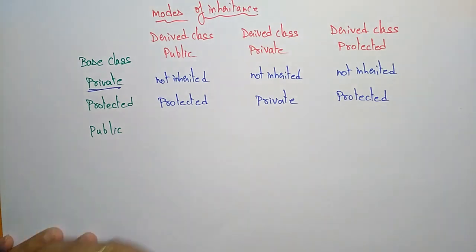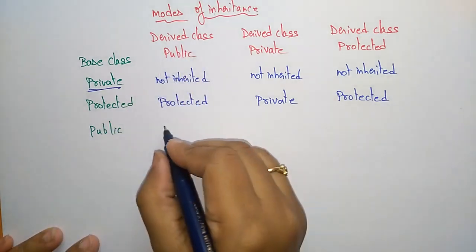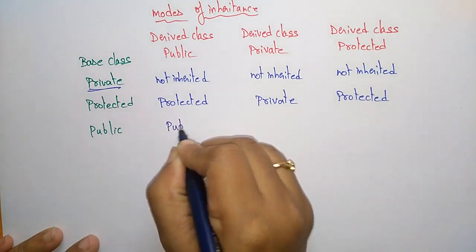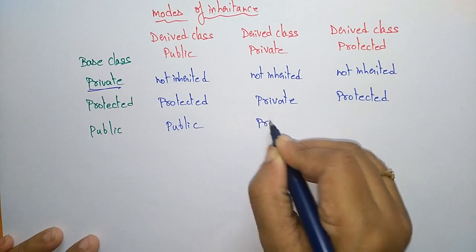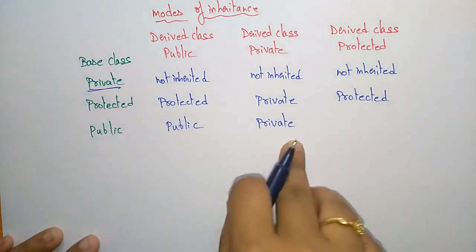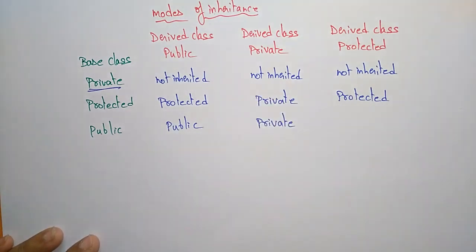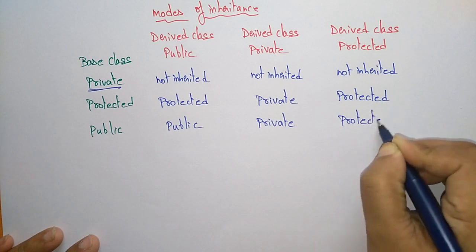Coming to public, if the base class items are public, in the public derived class also it is public. In the private derived class, it should compulsorily be private, even though the base class items are public. And in the protected derived class, it is protected.